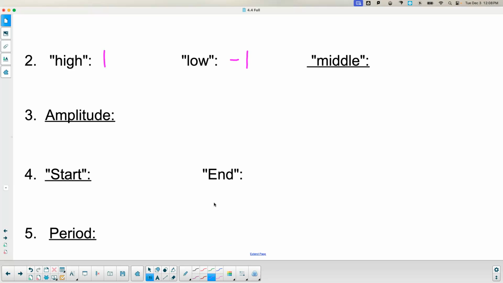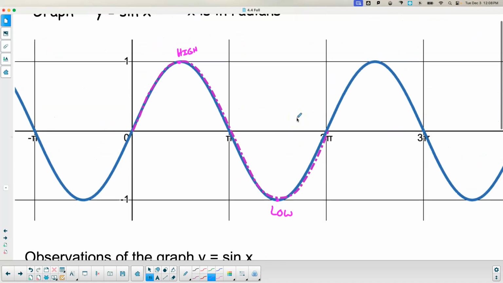If it's got a high of 1 and a low of -1, where's the middle? Halfway between, right? Which is 0. So there's the middle.